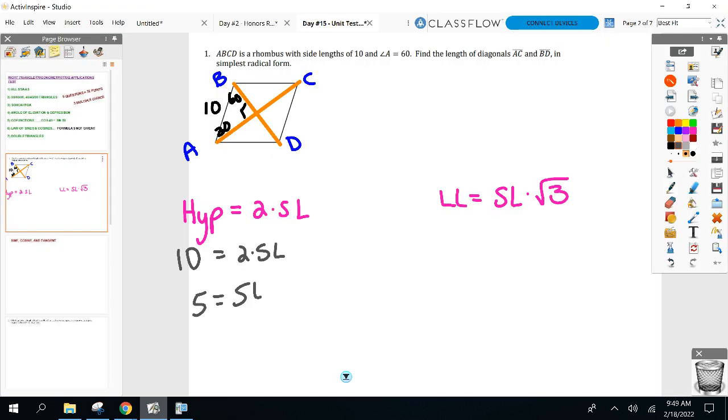The 30. So this will be 5, and if the diagonals bisect each other, this will be 5. So diagonal BD is equal to 10. What's across from the 60 then? The longer leg equals the shorter leg, 5 times radical 3.